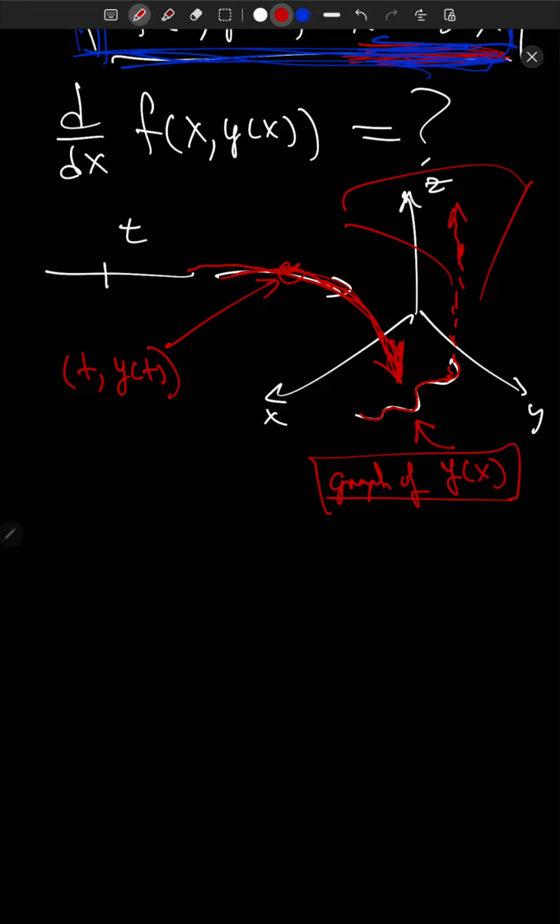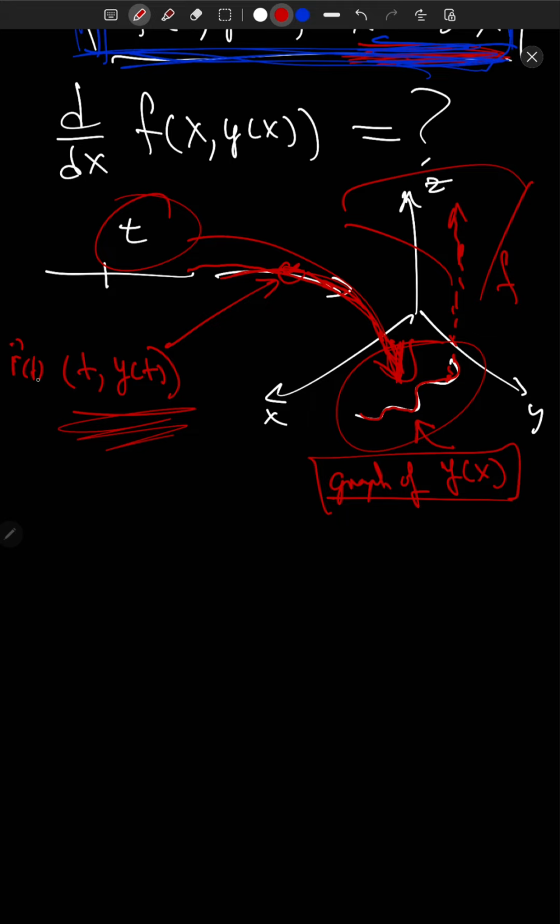And we can do the composition with our two variable function f. So ultimately, what is the function we're looking at? If we start with t, go to this curve using our parameterization, I guess let me write it as r of t equals, and I should do sharp brackets here, just to keep the notation consistent.